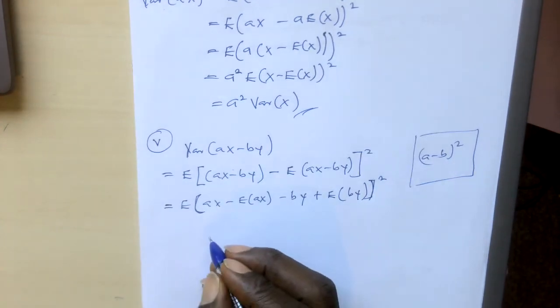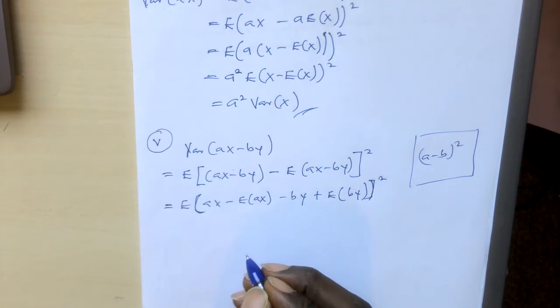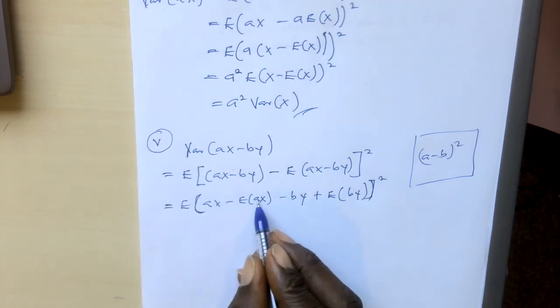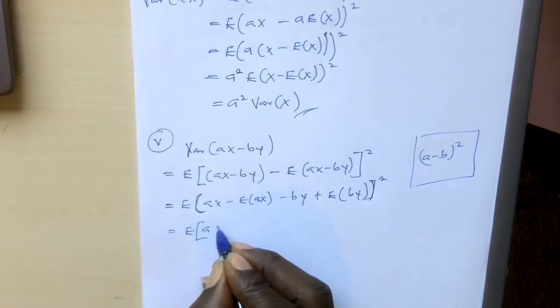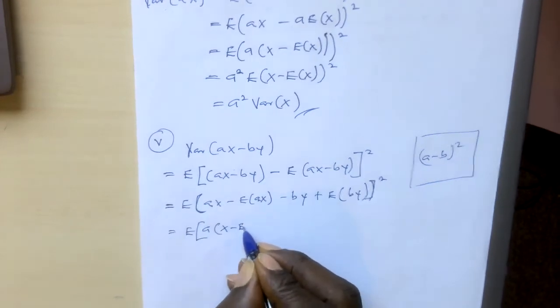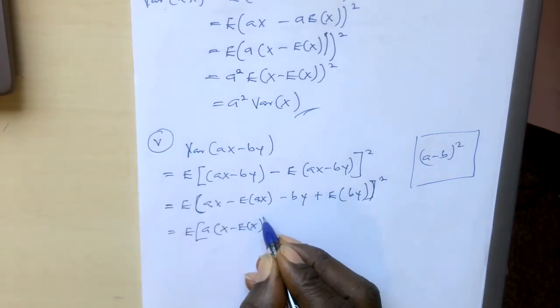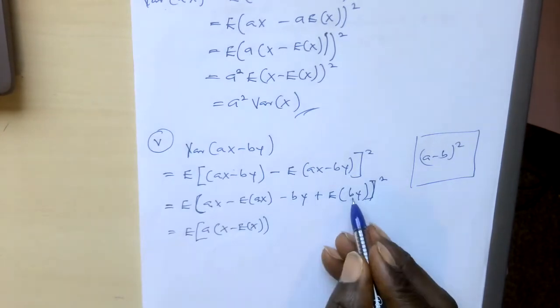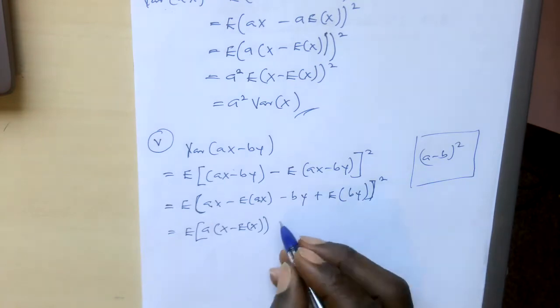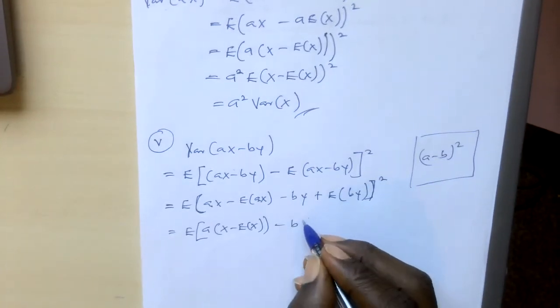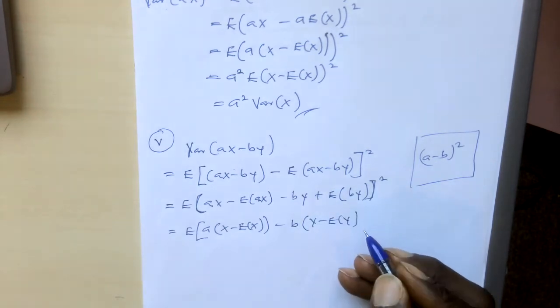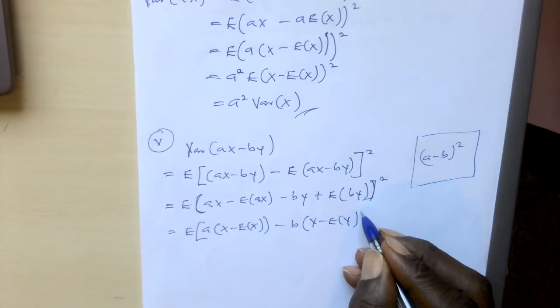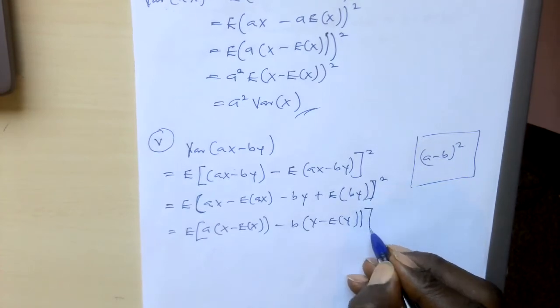From here as well, a and a is common, so we can bring them out: a times x minus expected value of x. b and b is common, so we bring that out: b times y minus expected value of y, squared.